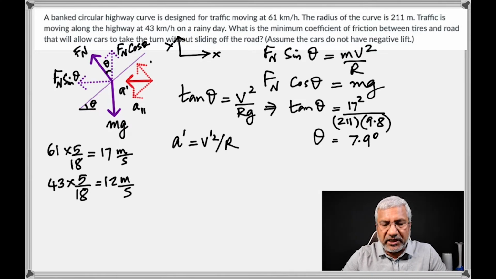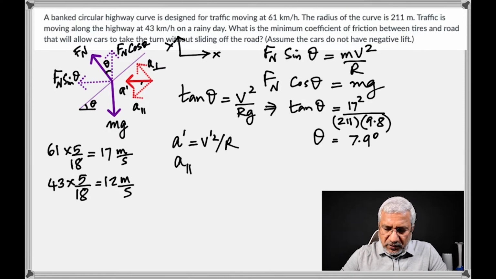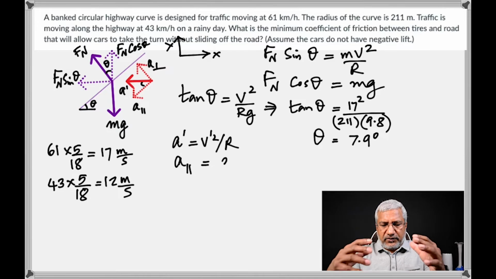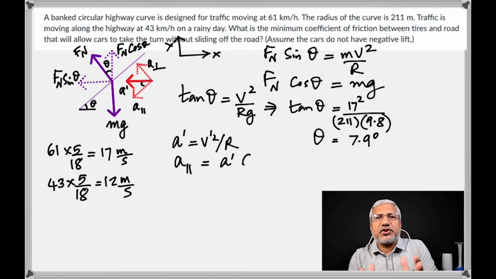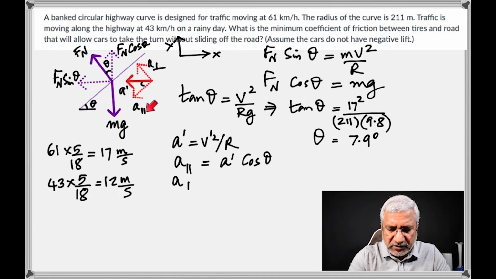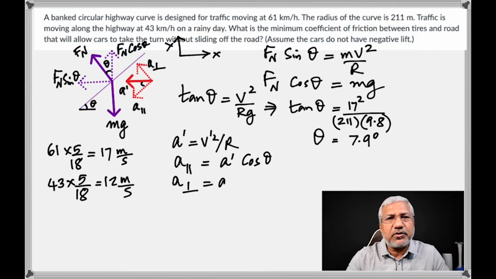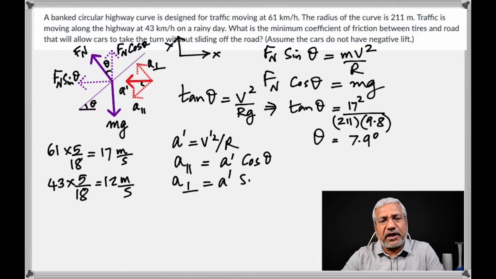So we'll call them A parallel and A perpendicular. From the geometry of this diagram, you can see that this is theta, and therefore A parallel is A prime cosine theta, and the other one is A prime sine theta.